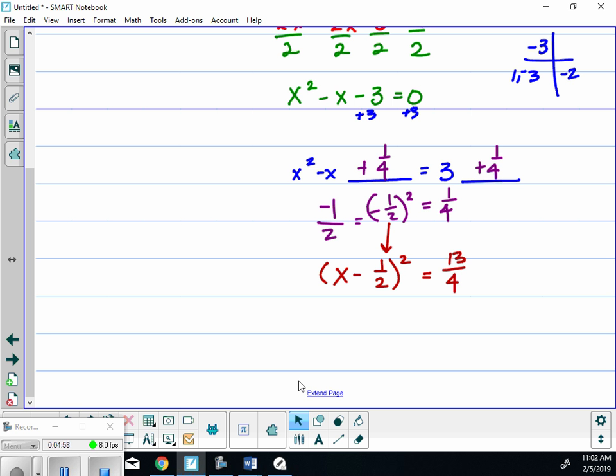Since it is squared, we take the square root. So x minus 1/2 equals positive or negative. I can't take the square root of 13, but the square root of 4 is 2. To get x by itself, we would add 1/2, right?